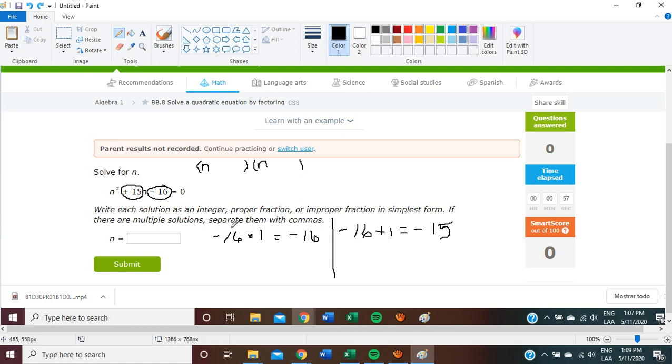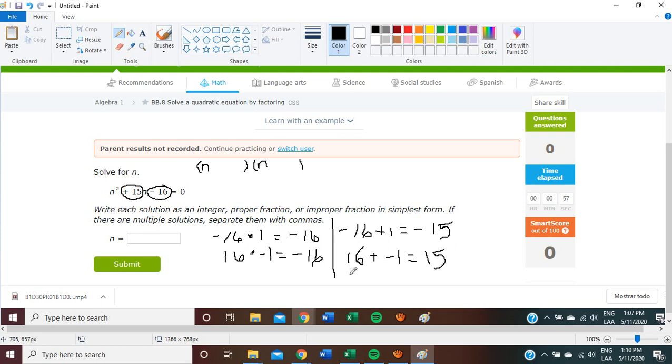So instead of negative 16, we're just going to say 16, and I am going to change the symbol so that the number 1 is negative. The product is going to be the same: 16 times negative 1 equals negative 16. But in the addition, 16 plus negative 1 equals positive 15.